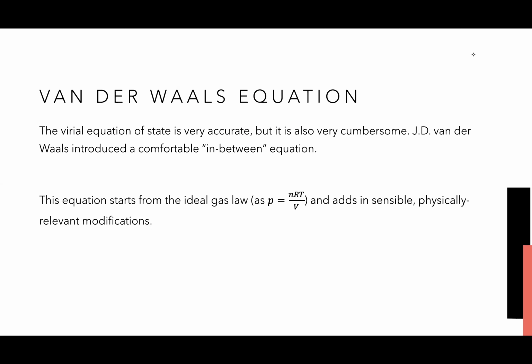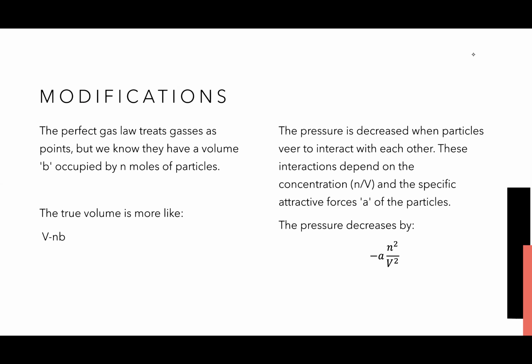J.D. van der Waals introduced a comfortable in-between equation. So the equation starts from the ideal gas law, but adds in sensible, physically relevant modifications. Two of them. The perfect gas law treats gases as points, but we know they have a volume, a certain volume that is occupied by the number of moles of gas.